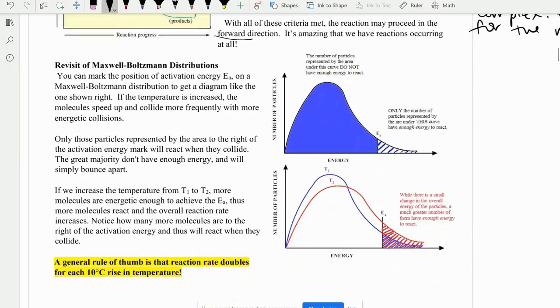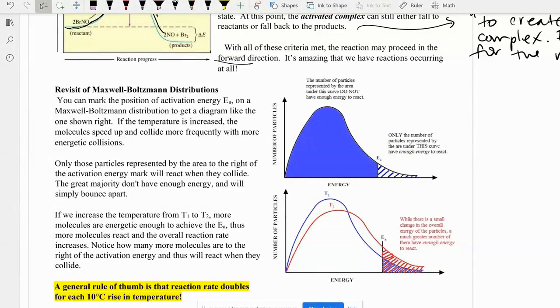The last part of this podcast, and then we're going to end here, is a revisit of those Maxwell-Boltzmann distributions that you've heard about in the previous unit. And recall, a Maxwell-Boltzmann distribution is going to show us the distribution of speeds for gases at various temperatures, okay?